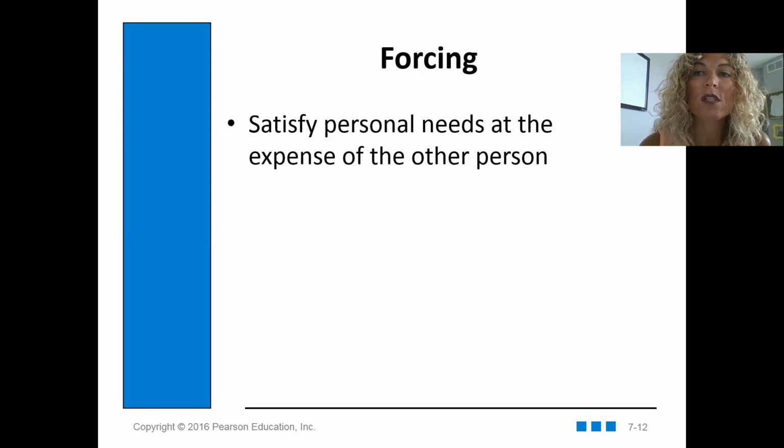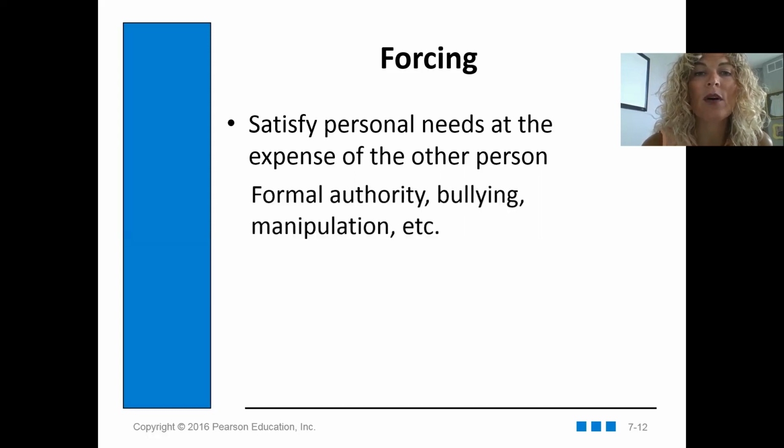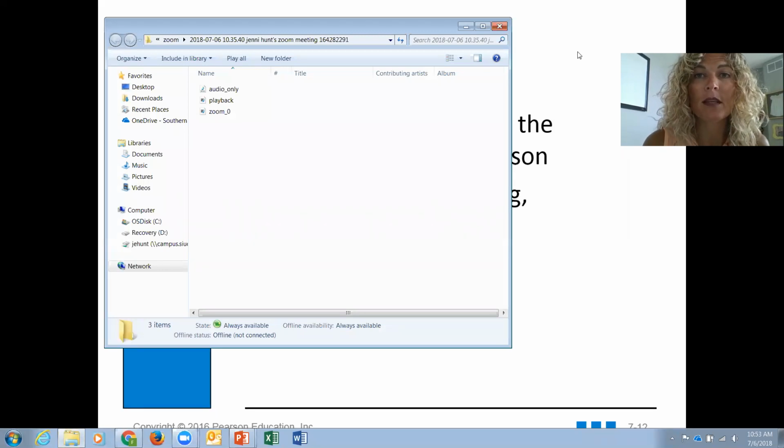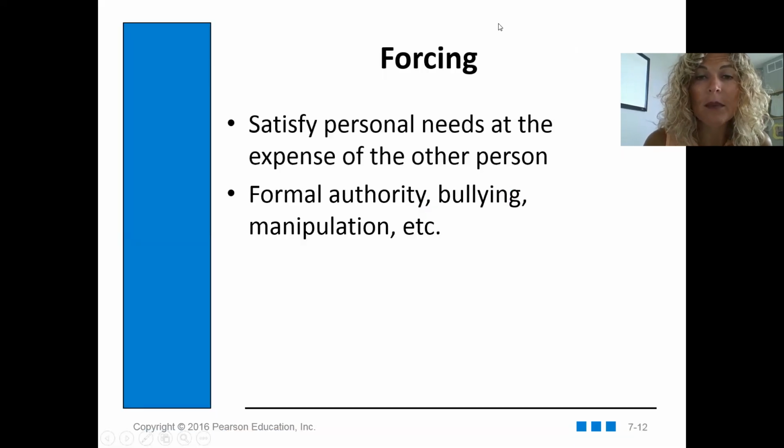When you use a forcing strategy, you're more concerned about getting your way. You might use formal authority if you have that power over the other person. You might see this in a bullying situation, manipulating the other person.